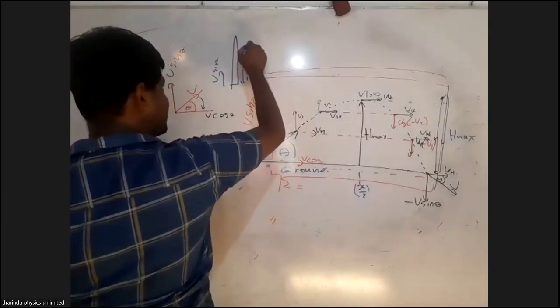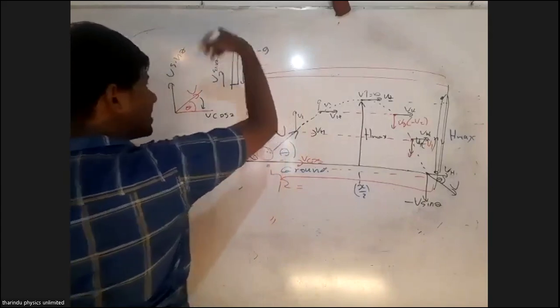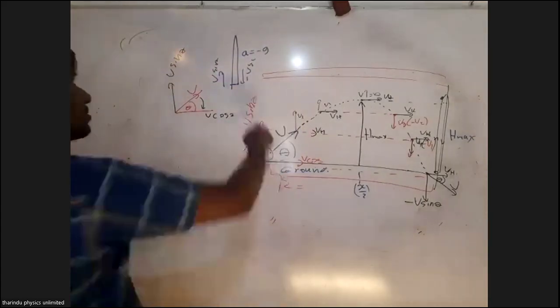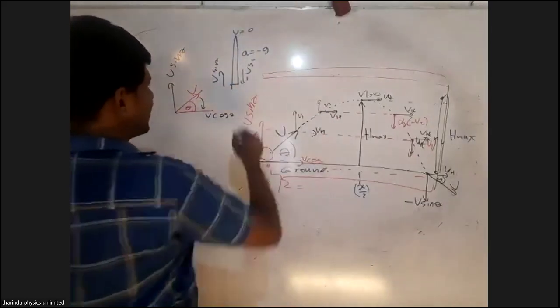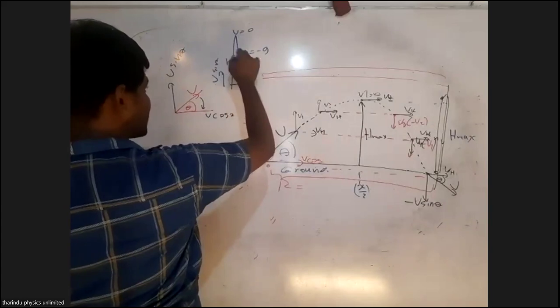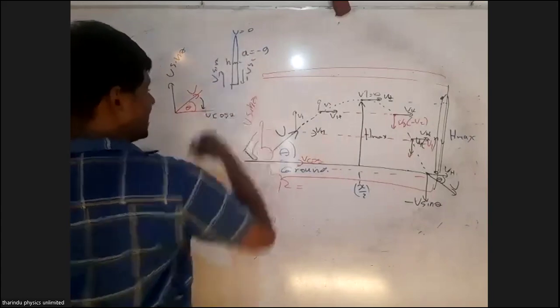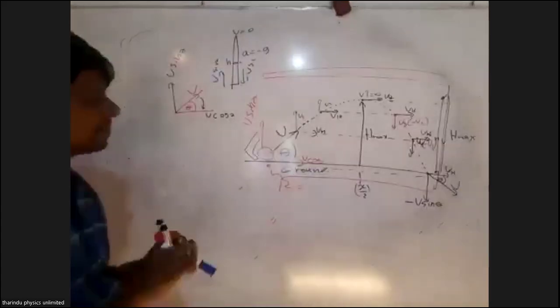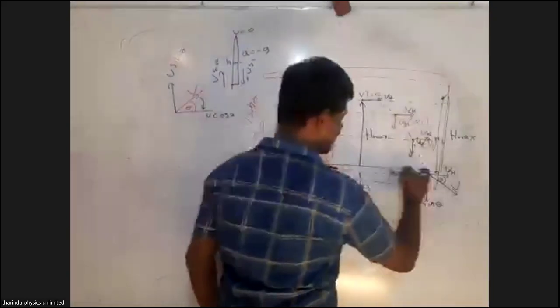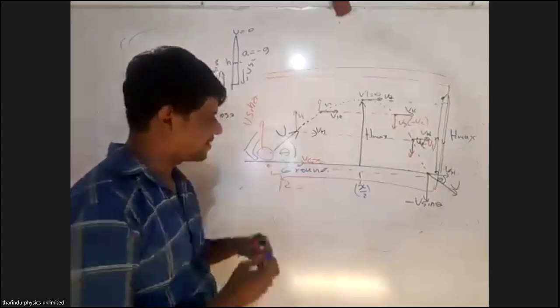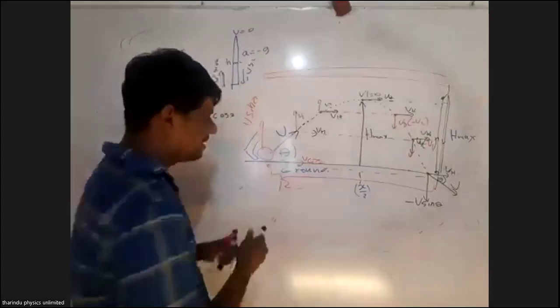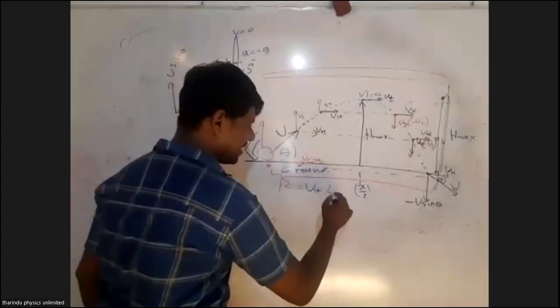But during the time, acceleration is acting against the motion. It reaches the maximum height, h max, here where the velocity is 0. All of this is for the vertical motion, and for the horizontal motion, I told you, it is like driving a vehicle at uniform velocity. You only need the time and the uniform velocity. You can find it by V horizontal multiplied by total time.